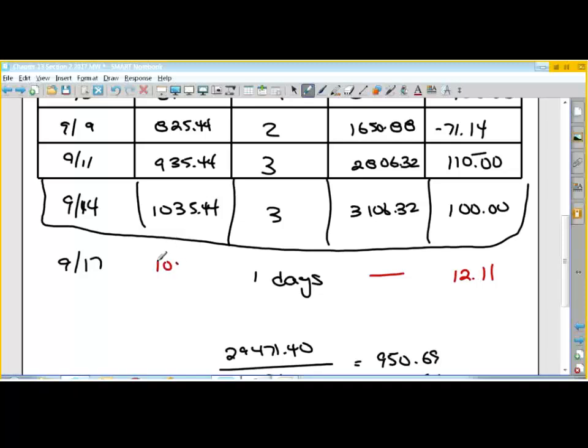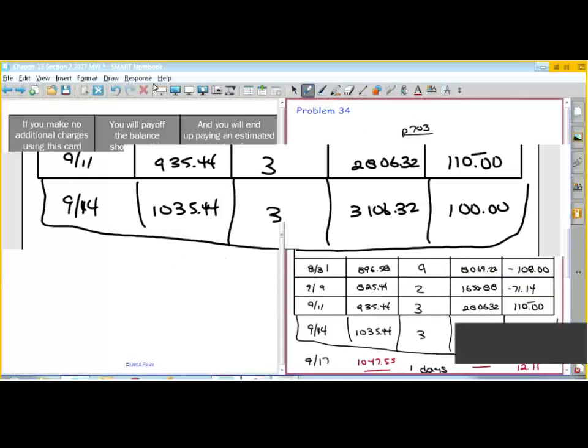And $12 is less than my minimum payment, so I'm going to at least be staying ahead of the game. So that's my new balance. So the interest is calculated at the end of the month based on the average daily balance, the daily interest rate multiplied by the number of days in the month. Okay, so that's how it works.